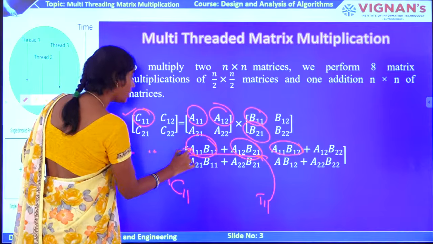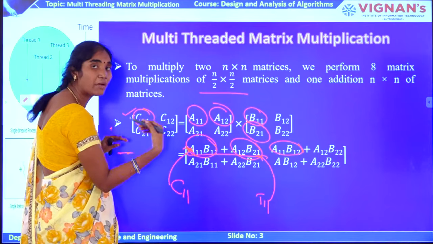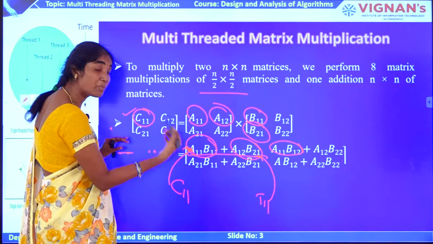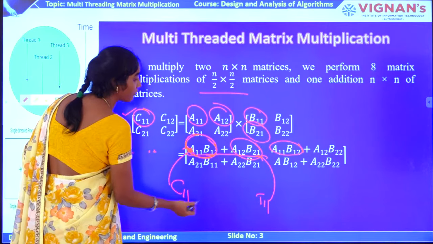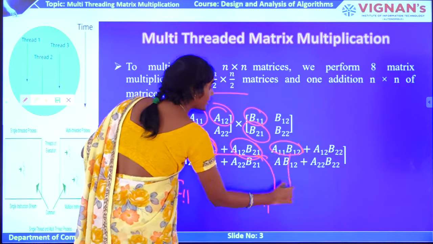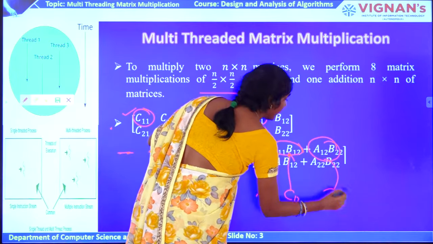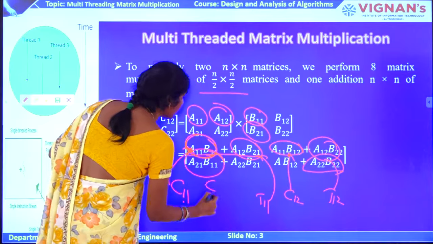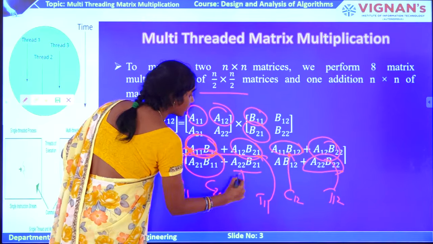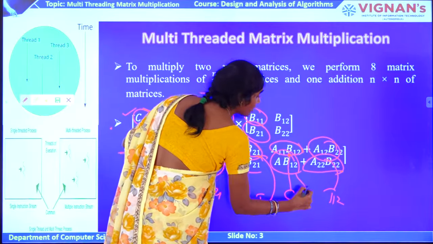To make this matrix multiplication multi-threaded, I am taking this term as C11 and this term as T11, this term as C12 and this term as T12, and in the same manner A21, B11 as C21, and this is T21, and this is T22 and this is C22.